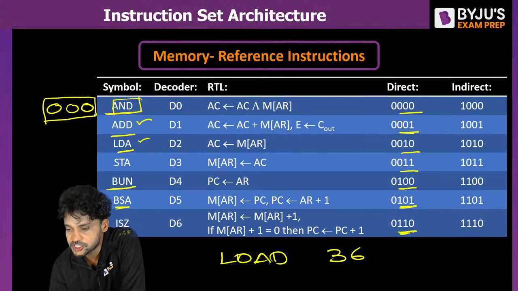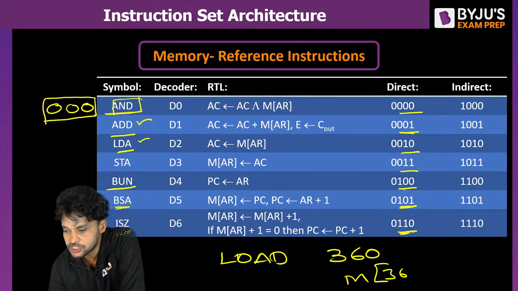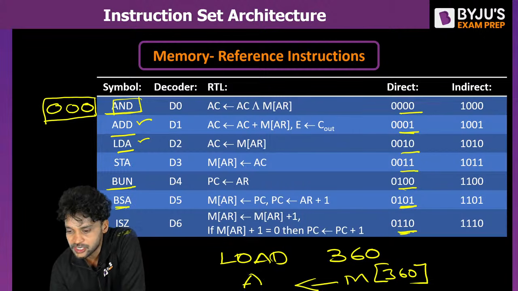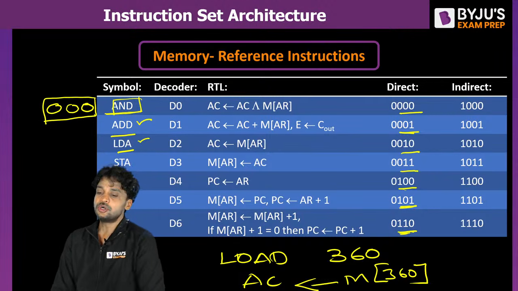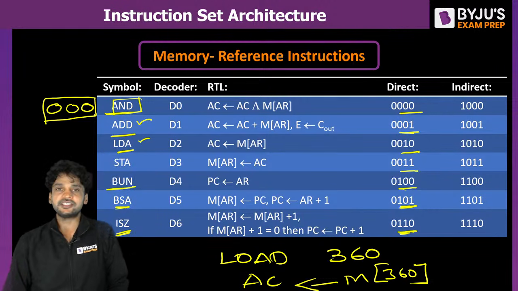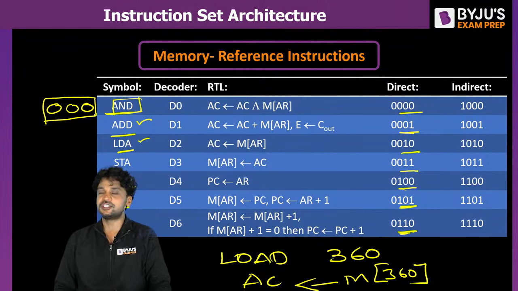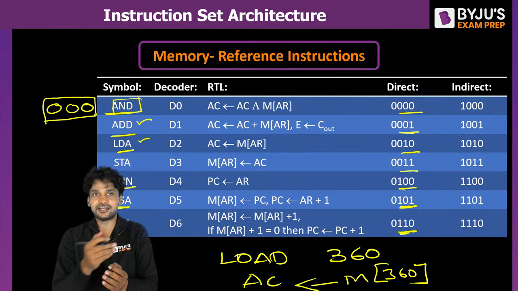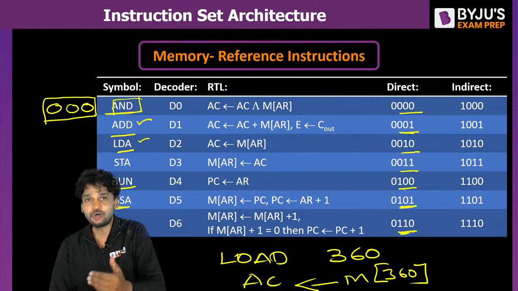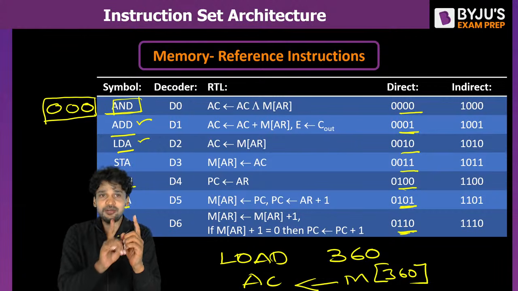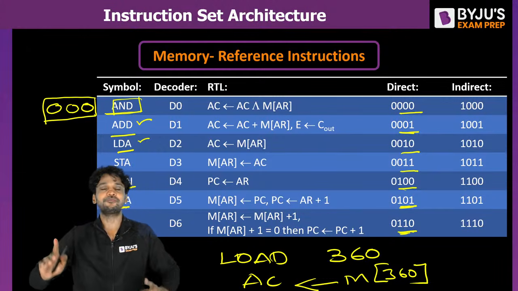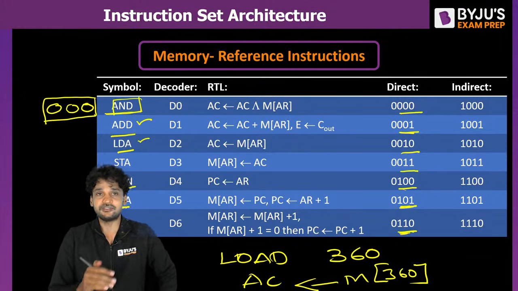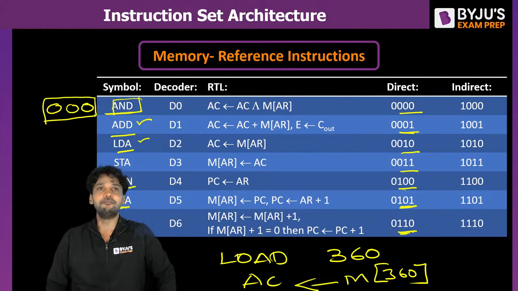Load 360 means from the memory location 360, the content will get transferred to the processor's register, in our case the accumulator. Store 360 acts exactly opposite to load 360. In the load case, the contents of the memory location get transferred to the accumulator. Store means the contents of the accumulator will get transferred to the main memory.